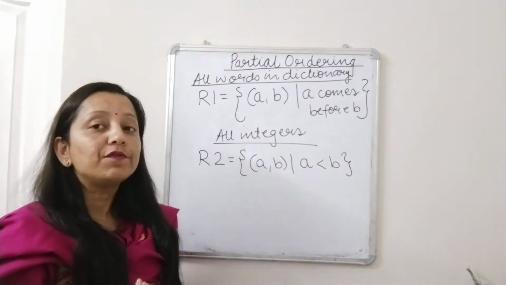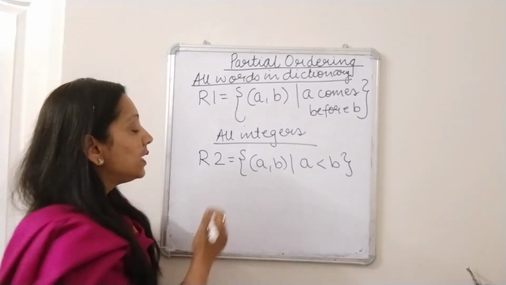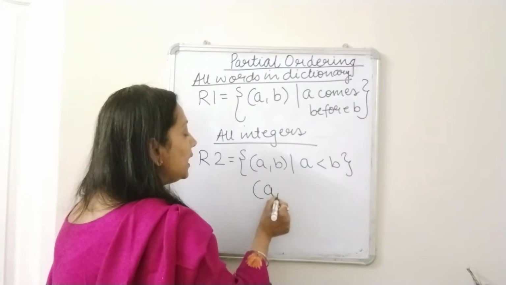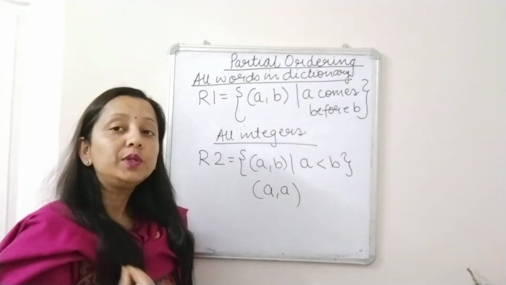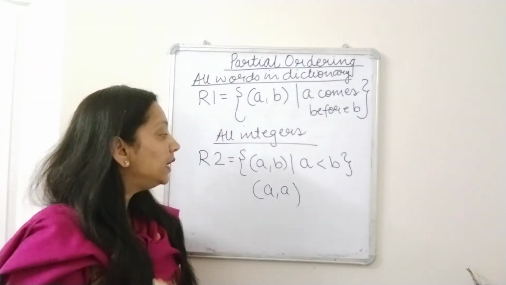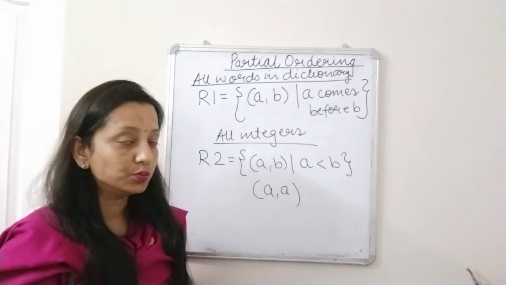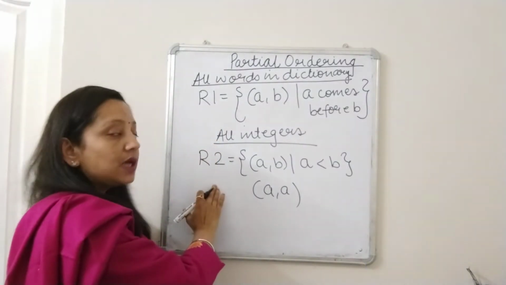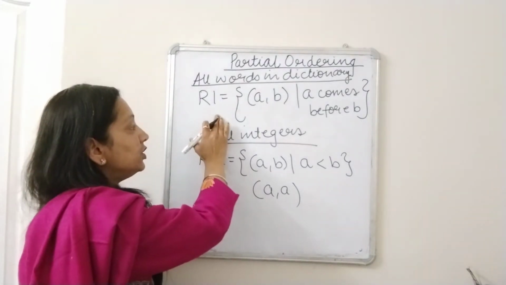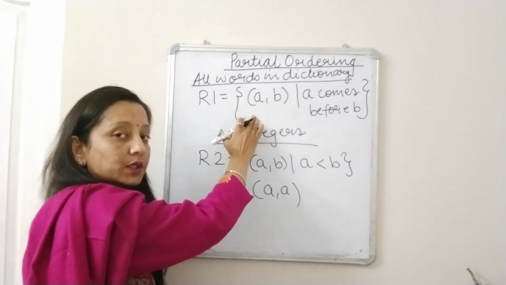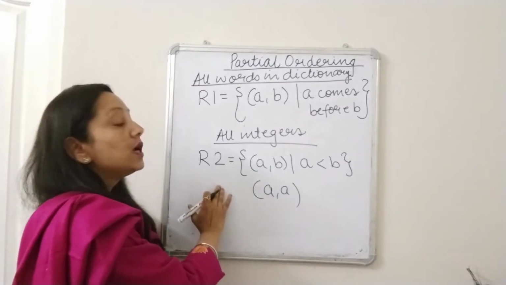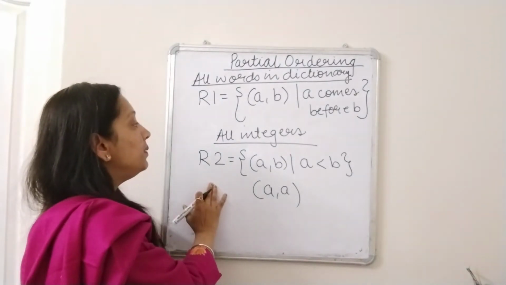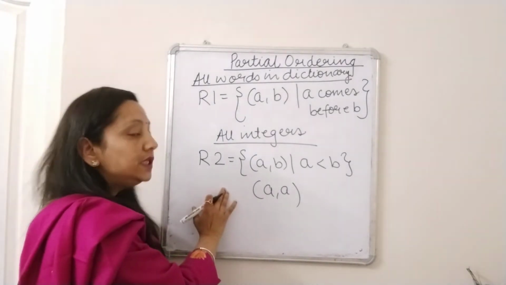Now if I also add an ordered pair A, A to these relations R1 and R2, please listen carefully. I already have these two relations. R1 is a relation which is helping me in ordering the words in the dictionary, and R2 is a relation which is helping me in ordering all the integers.